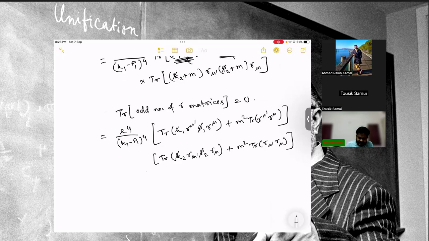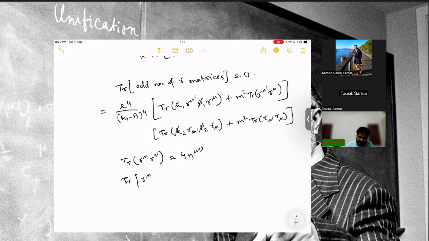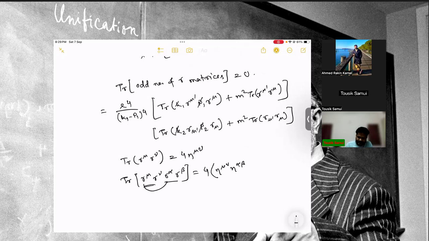and then we will remind ourselves that trace of gamma mu gamma nu is 4 eta mu nu, and trace of 4 gamma matrices. These are the two things that will appear: gamma mu, gamma alpha, gamma beta. You can actually remember this very easily. So take first two, trace eta mu alpha beta. Then you take this one with this one, but at that point you have to take a negative sign.